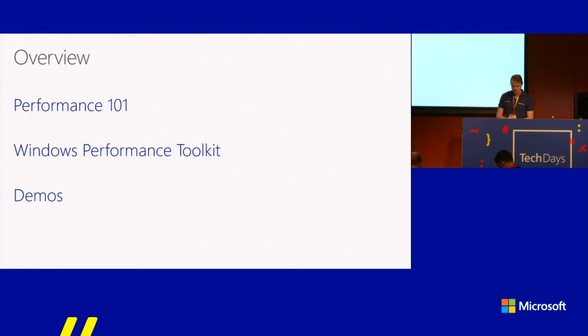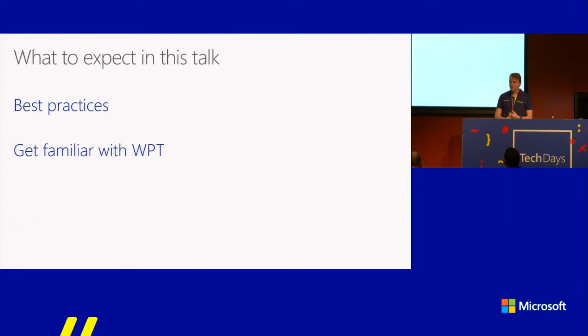Then we will look at the tools that are available to you in the Windows Performance Toolkit, and that will mostly happen through demos. So we'll talk about best practices, and then we'll dive into Windows Performance Toolkit and get familiar with what it shows and what you can do with it.